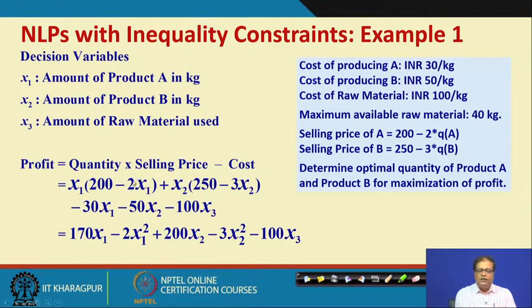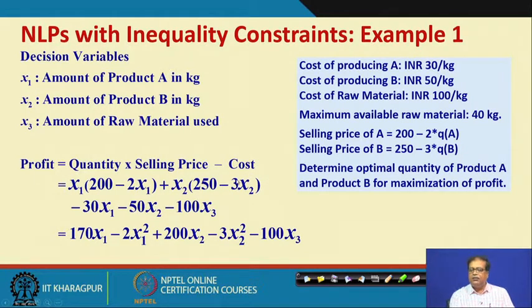Profit will be quantity into selling price minus cost. The quantity is x 1 and x 2. The selling price is 200 minus 2 into quantity, that is 200 minus 2 x 1, and here 250 minus 3 x 2, right. So, that will be the quantity into selling price.